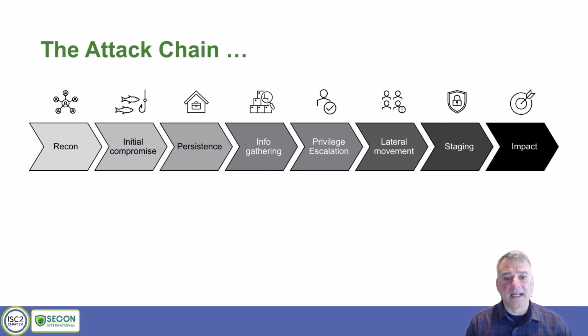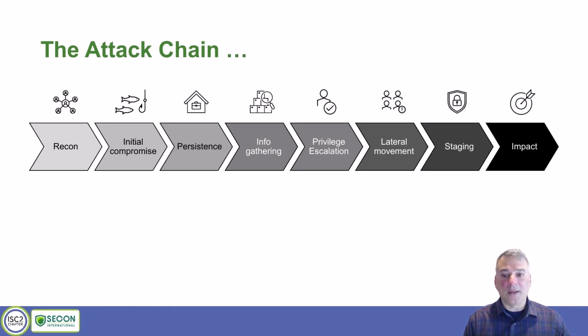Once they do that, they try and develop persistence, basically putting in backdoors or remote access Trojans to make sure they have continued access into the network that they're attacking. Once they're in, they're going to be searching around that network to see what information they can get. Info gathering, it's called, and to figure out where the crown jewels are, or how to get to what they want to get to.